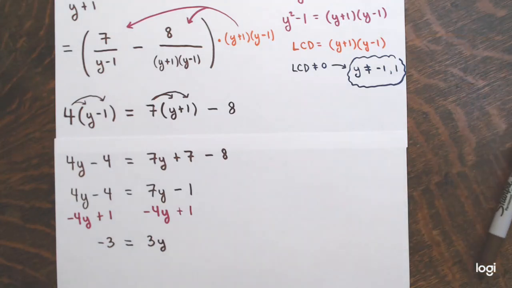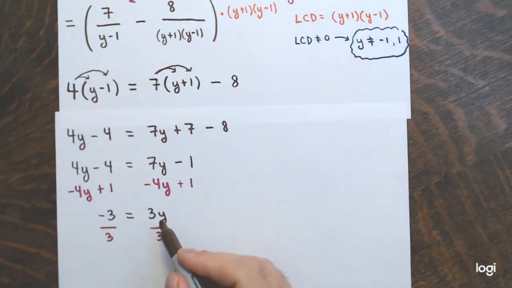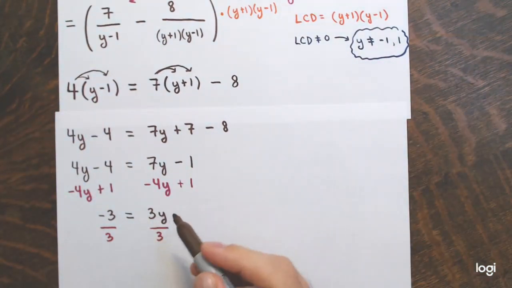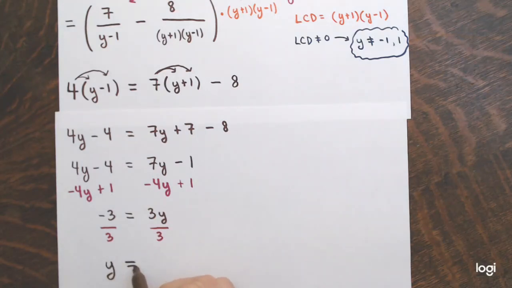And then to get y alone, 1y, not 3y, divide by 3, or multiply by a third, same thing. And I'm going to switch sides so that y is on the left now. So this side, 3y divided by 3, that's y, equals, and then the other side, negative 3 divided by 3 is negative 1. All right.